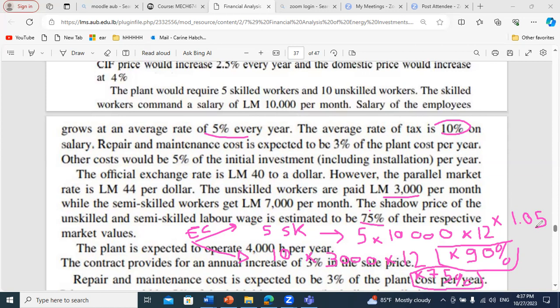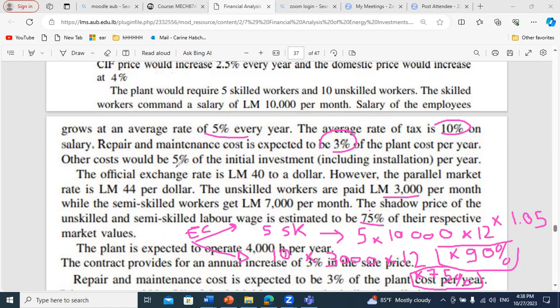Now, concerning operational and maintenance costs, they said that to repair and have maintenance, we need first 3% of the plant cost per year, plus other operational costs that will include also initial installation, or any costs that we are not aware of, because in any work you might have costs that are not expected.